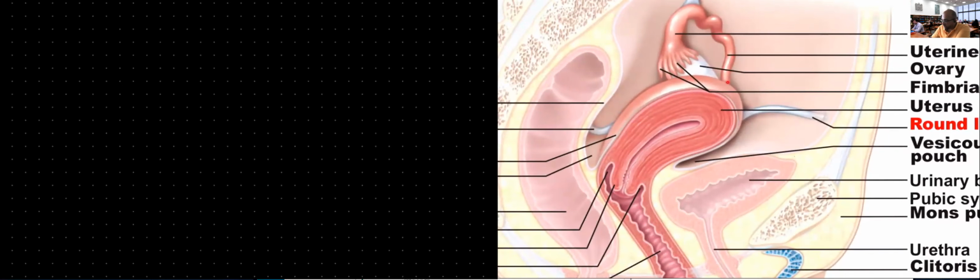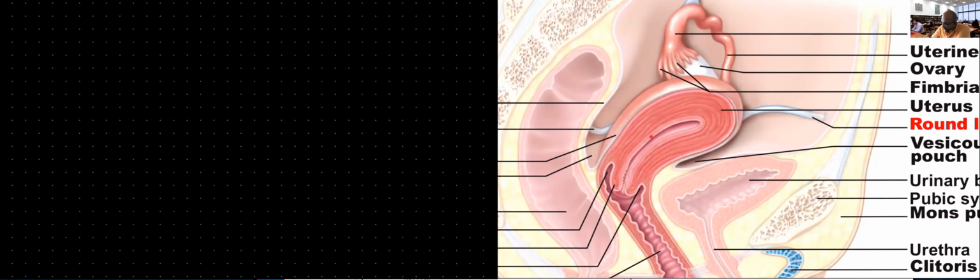The fallopian tube will join the endometrial cavity, and if you see on here, this is the uterus. The uterus has a muscle layer in the middle, covered from outside by the perimetrium, and the muscle layer here is the myometrium.